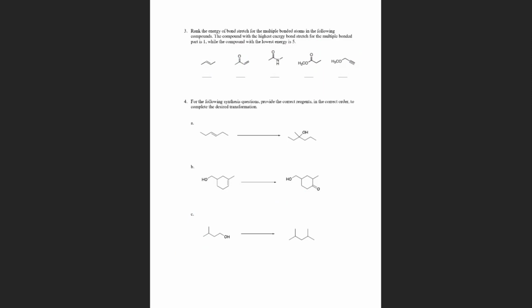Okay, so we're going to quickly do C. So this is, I guess, a bit interesting. So we are adding 2 carbons, right? What methods do we know to create carbon-carbon bonds?